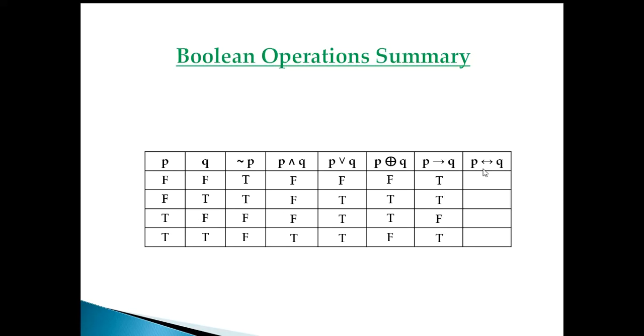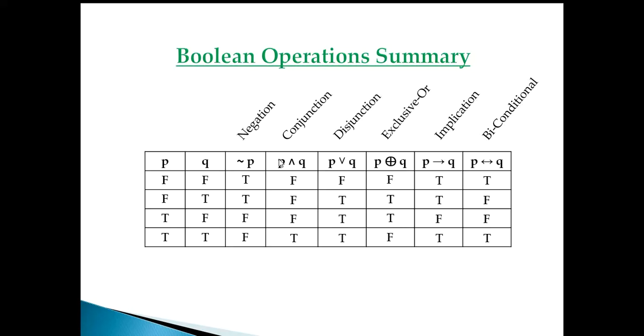Now P biconditional Q. We have the value true if both are the same, meaning false false, then it is true, true true, then it is true, otherwise its value is false. So here we studied that this is the negation, this is our conjunction, this is disjunction, this is exclusive or, this is the implication, and this is the biconditional.